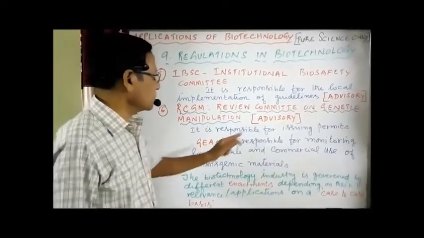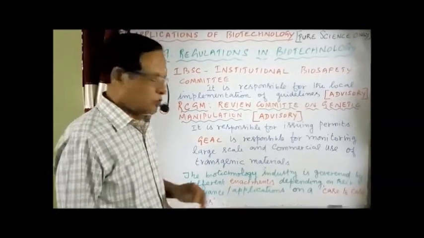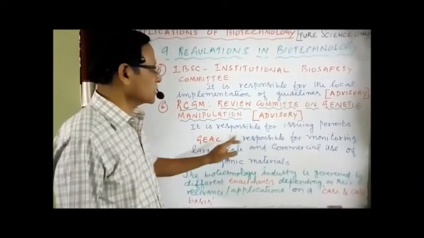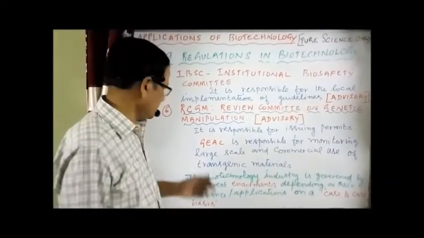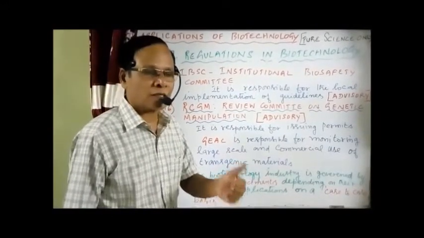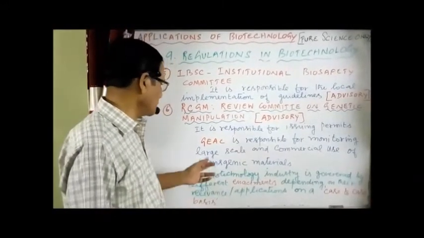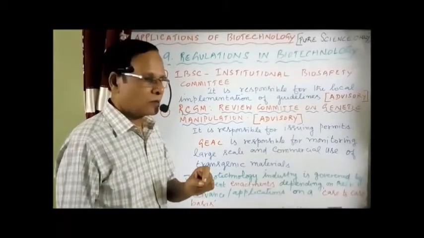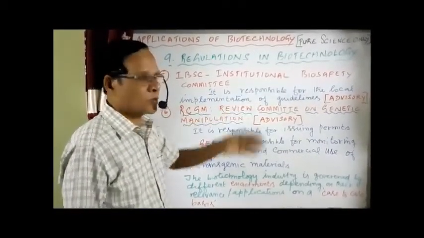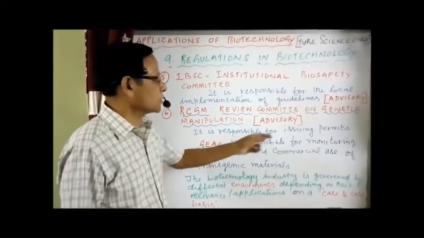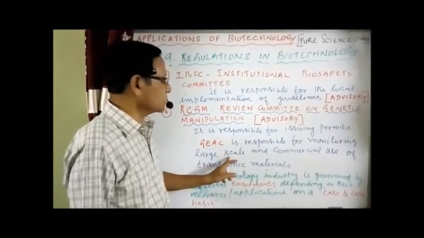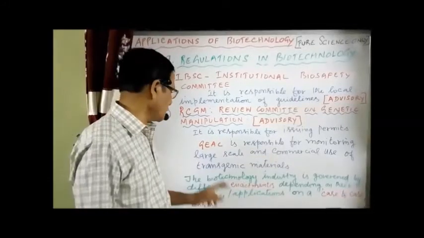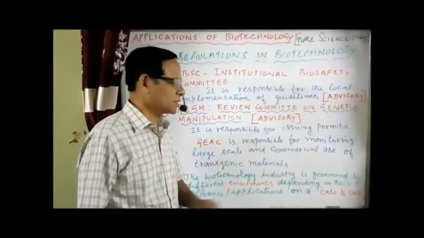Generally, GAC is responsible for monitoring large scale and commercial use of transgenic materials. As a whole, it is a major one, under which we have the monitoring committees.